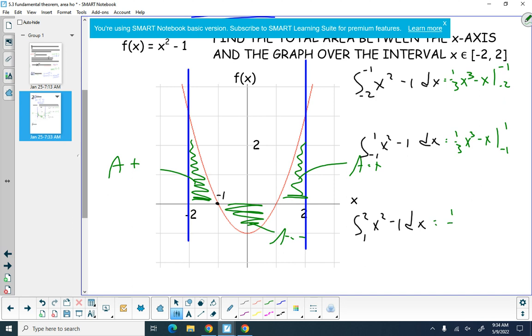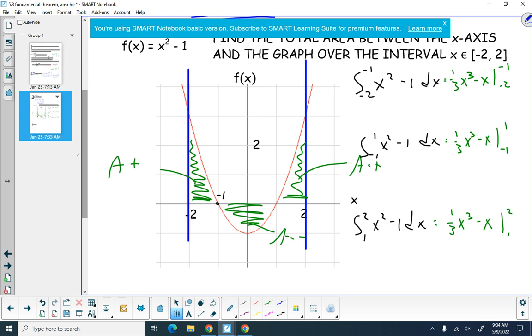And then 1/3 x cubed minus x from 1 to 2. So we have 3 of them that we have to evaluate. But once again, the second one here is going to give us a negative area. So we evaluate at -1, and then we evaluate at -2.